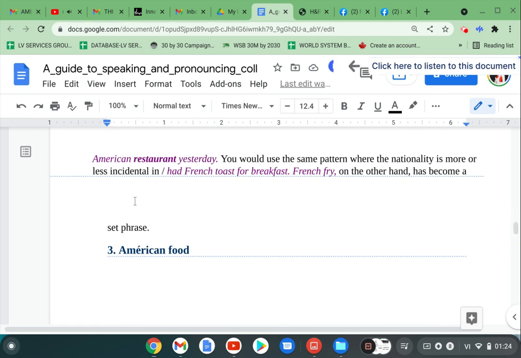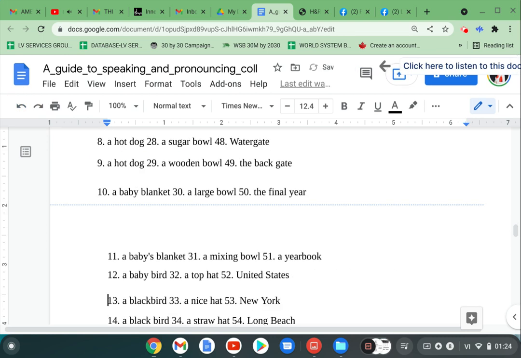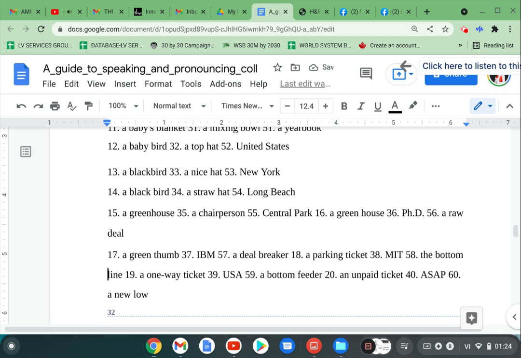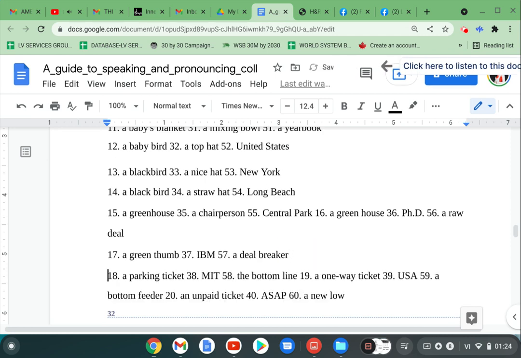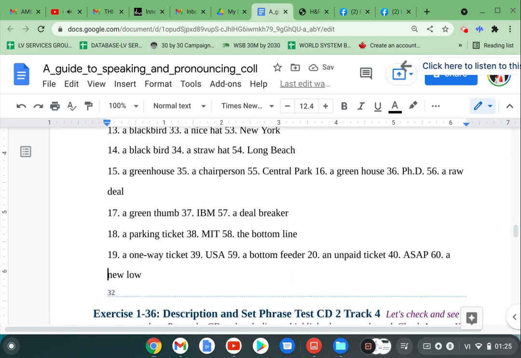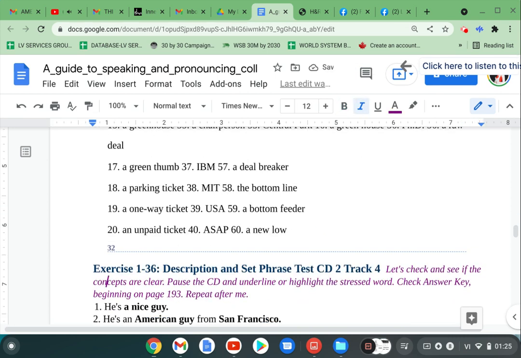17. A green thumb. 18. A parking ticket. 19. A one-way ticket. 20. An unpaid ticket. 21. Convenience store. 22. Convenience store. 23. To pick up. 24.